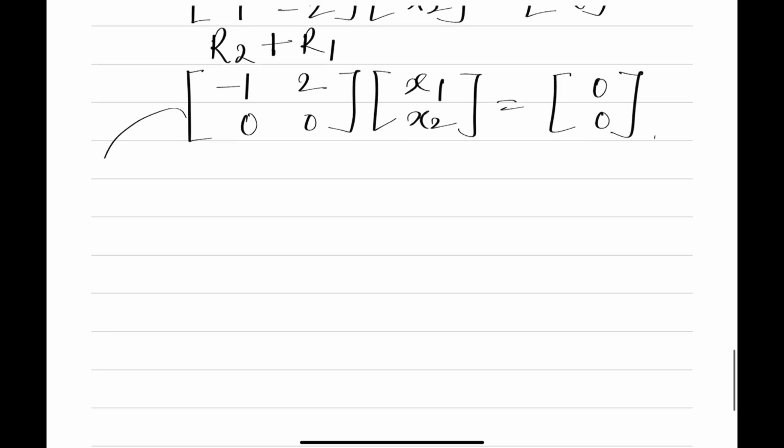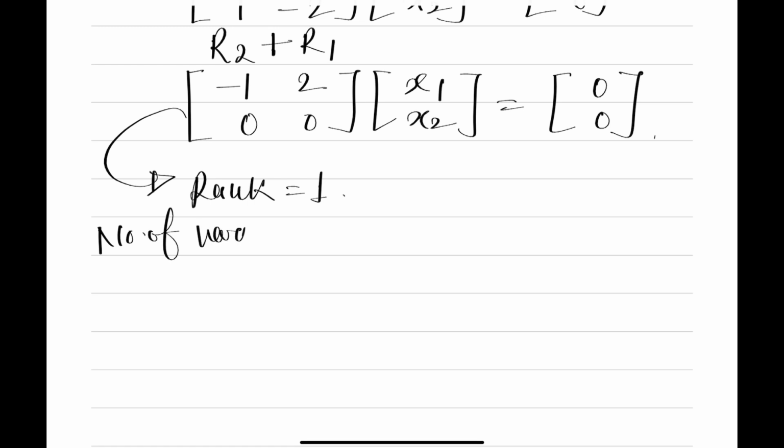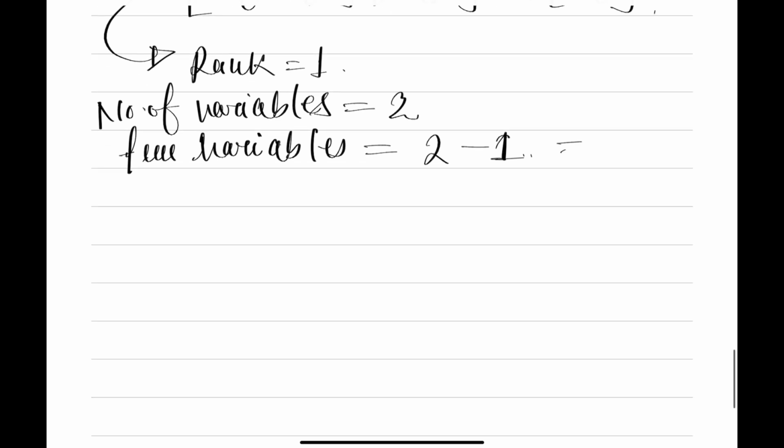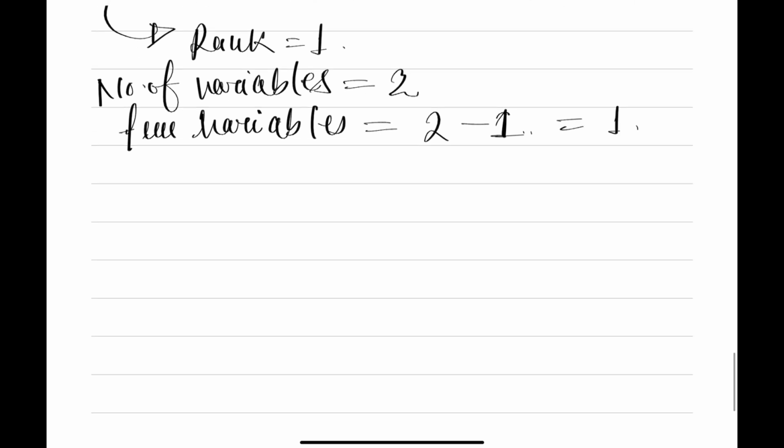Now this matrix has rank 1. We have number of variables as 2 and free variables will become 2 minus 1, which will be 1.